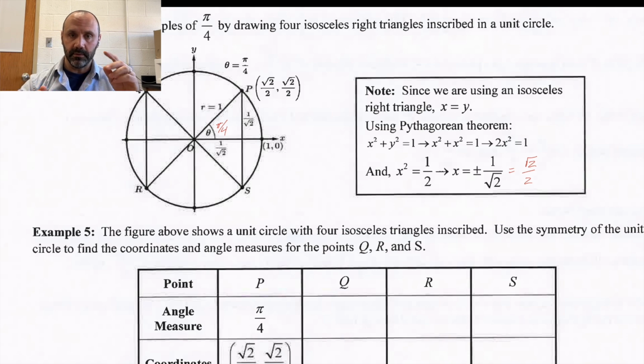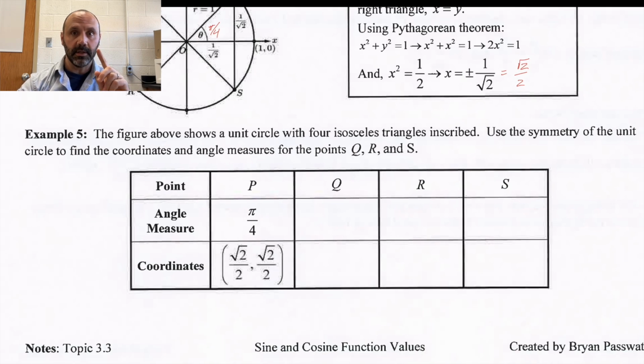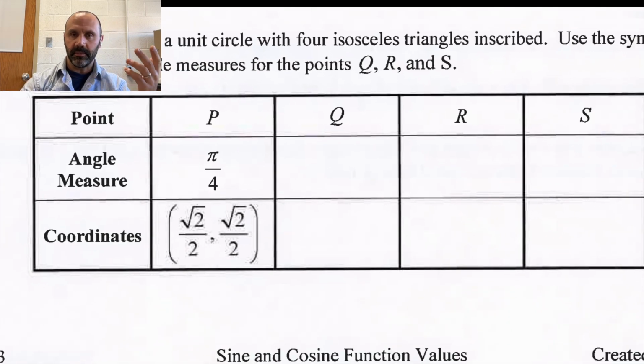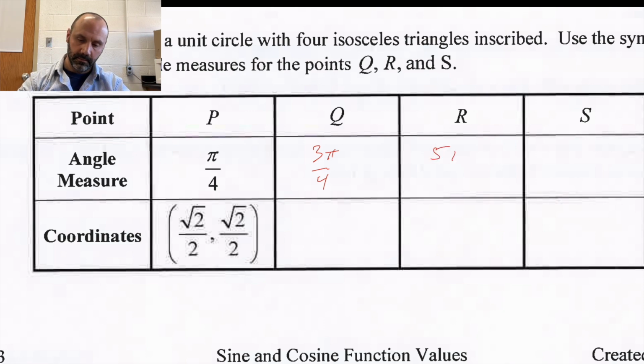It's a 45-degree angle, an equilateral right triangle. No, sorry, isosceles right triangle. We've got pi over 4. 2 pi over 4 would just be pi over 2, which is what we had before, 90 degrees. But then we're going to have 3 pi over 4, and then 4 pi over 4, 5 pi over 4. 6 pi over 4 would be 3 pi over 2.